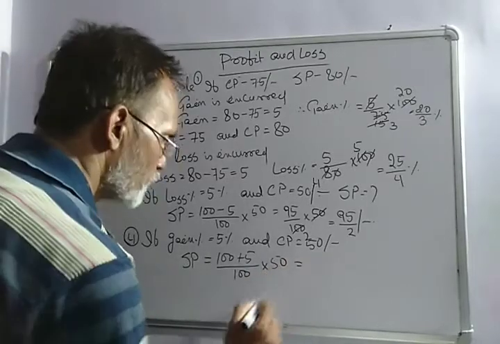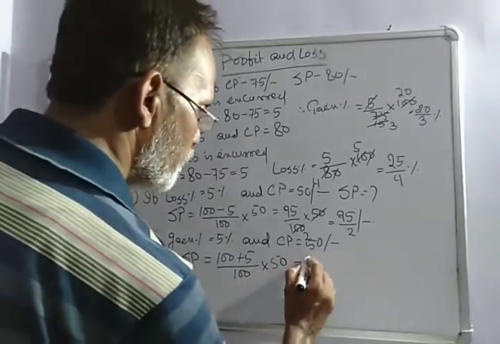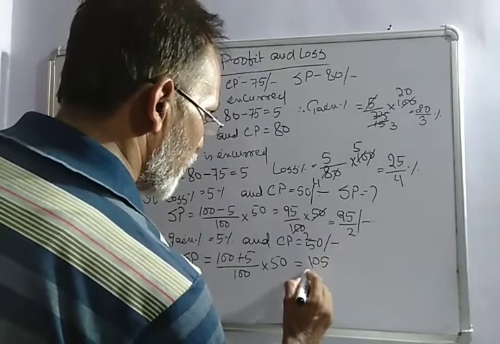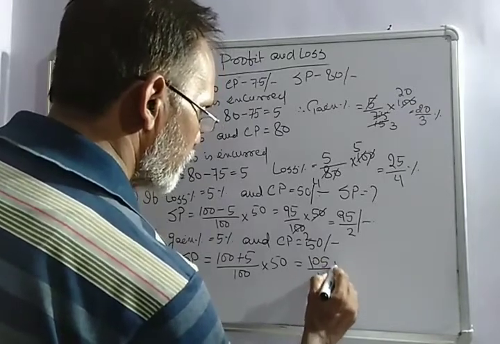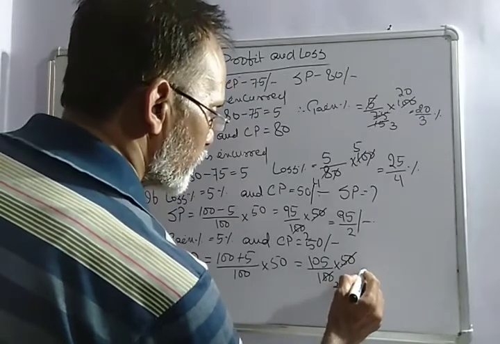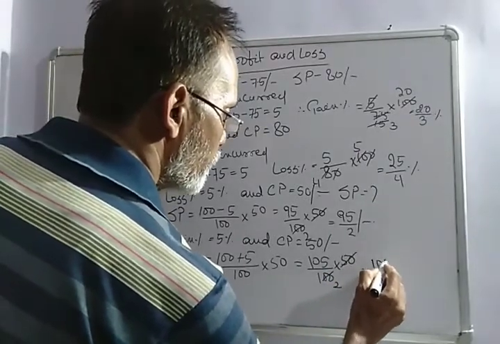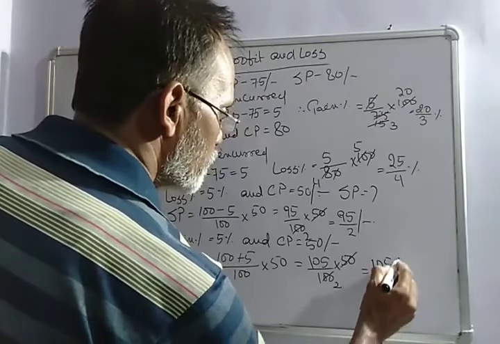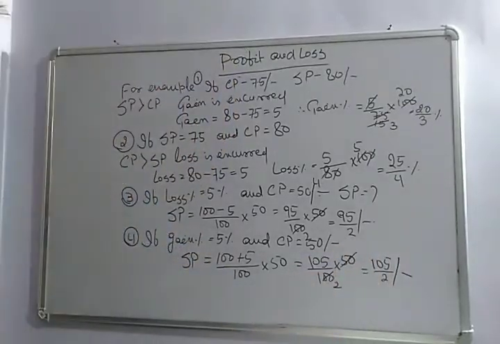So this is equal to 105 by 100 into 50, which is equal to 105 by 2. This is the selling price. These are a few examples according to the formulas which are given. You can go through it so that you can understand the formulas nicely.